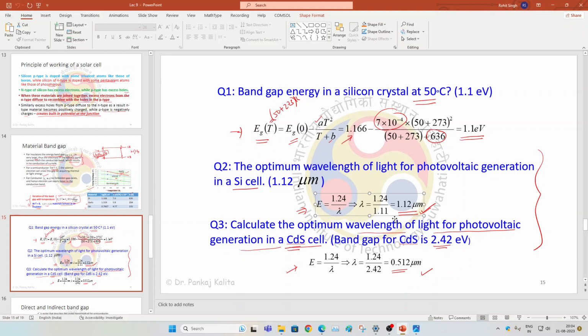And the other thing is that the band gap has also changed. Here the band gap was 1.11 and here the band gap is 2.42. So the band gap is directly related to the material that is used for solar photovoltaic, and depending on the band gap we get the optimum wavelength value.